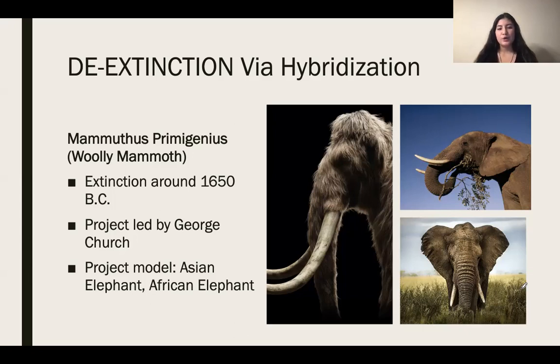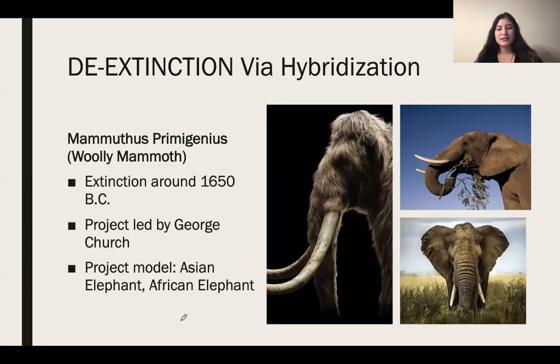For this project, we don't have a date when they expect to have results, but they have shared their enthusiasm and how they're close to comparing the genomes and putting together a whole genome of the woolly mammoth, and putting the embryo into the surrogate, and hopefully having some results soon.